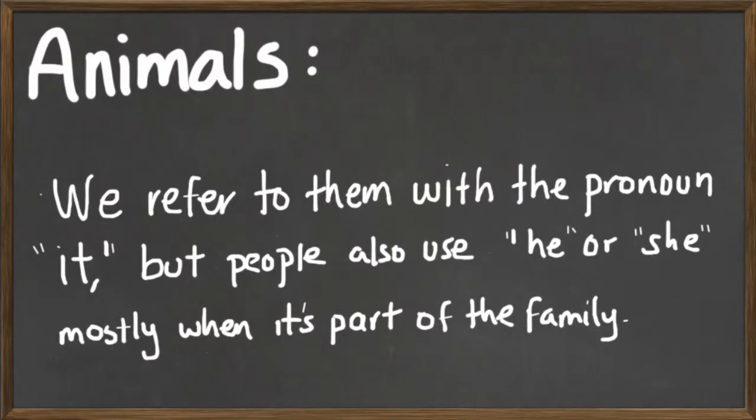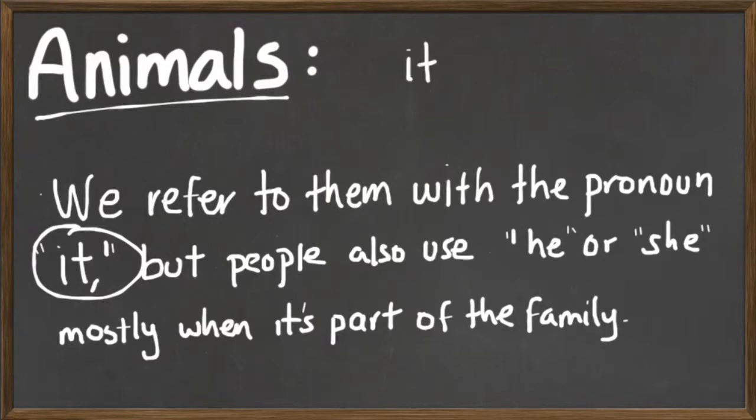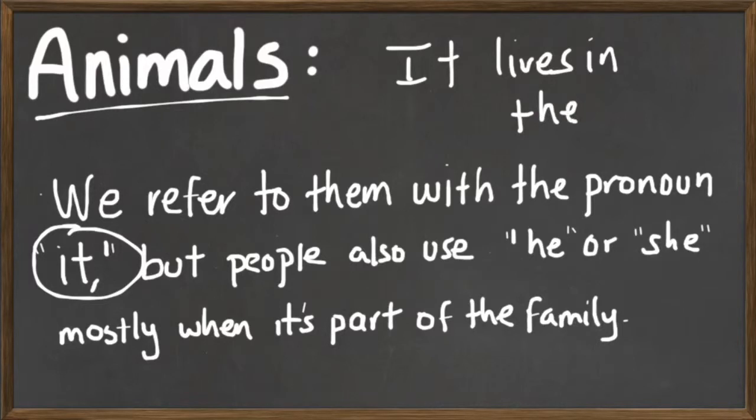Another important thing to mention is that when we talk about animals, we are going to use the pronoun it. For example, it, let's begin with a capital letter, it lives in the city, for example.